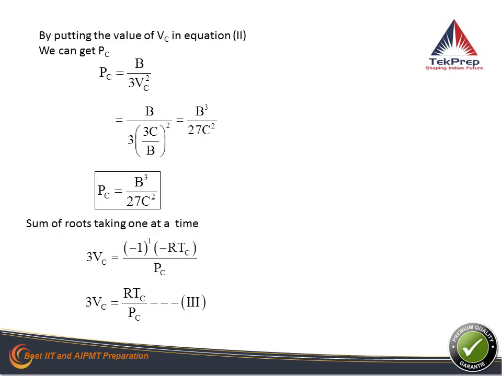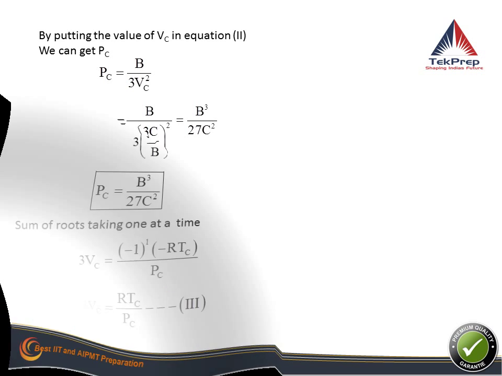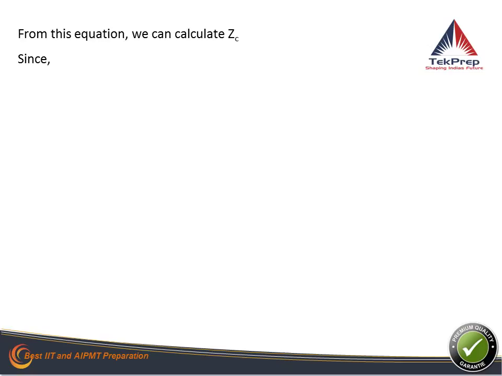Now let's proceed and see. So from the equation which we have arrived at, we can calculate the compressibility factor denoted by Z, and when we replace the values, Zc equals 1 by 3.